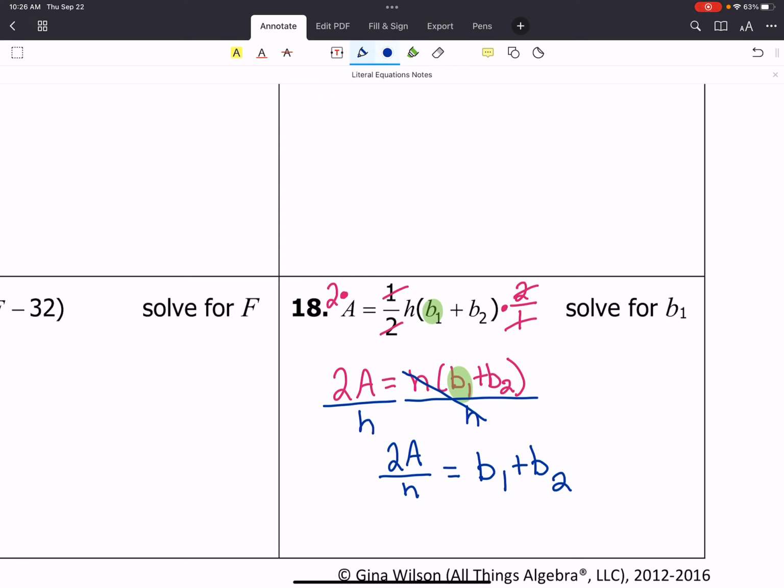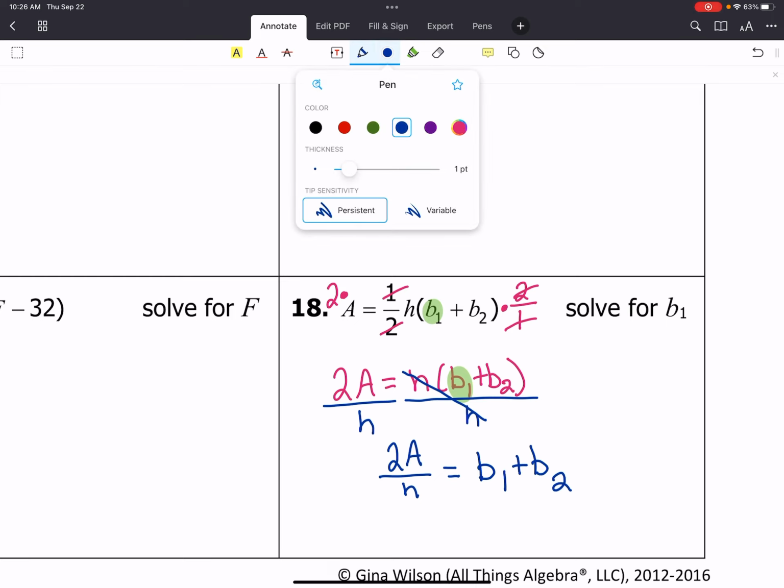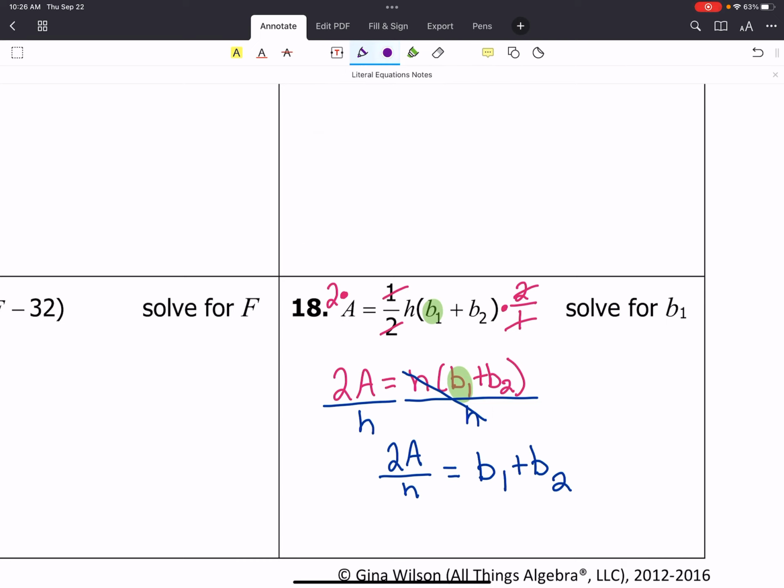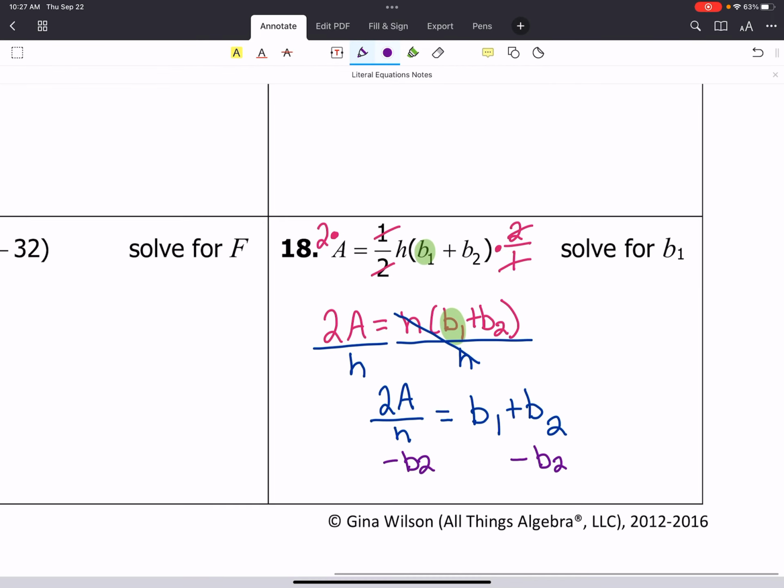And now that nothing else is happening on that side as far as multiplication, I can drop the parentheses. I don't need them anymore. Then, since I'm solving for b1, I'll simply subtract b2 from both sides. So this makes 0. So I have b sub 1 equals 2a over h minus b sub 2.